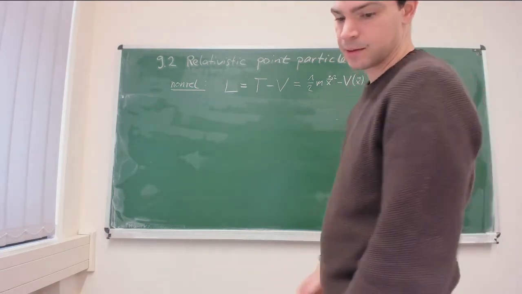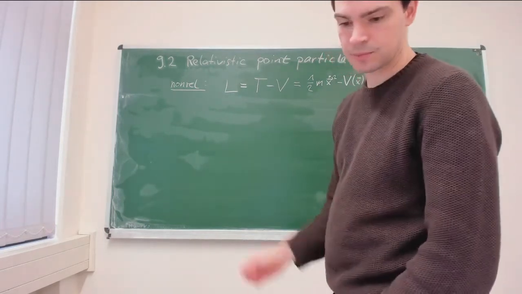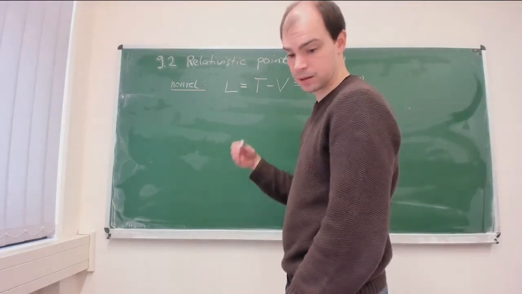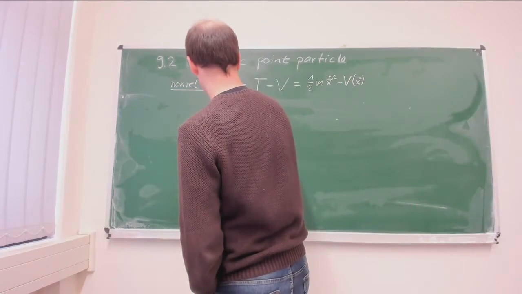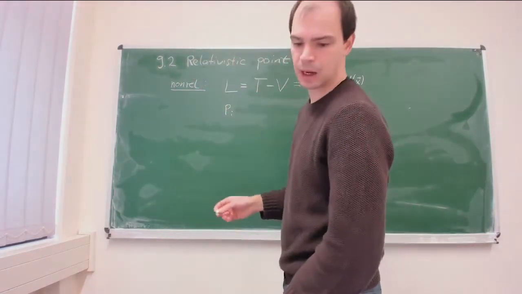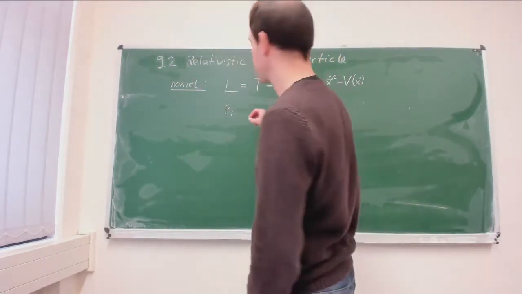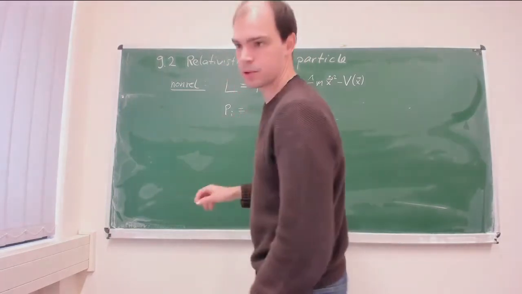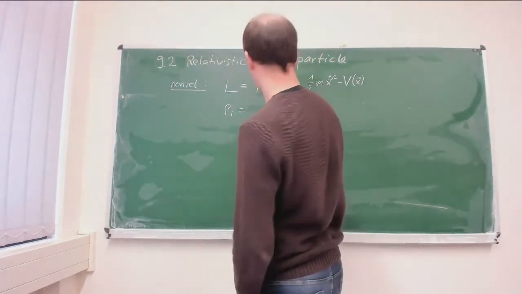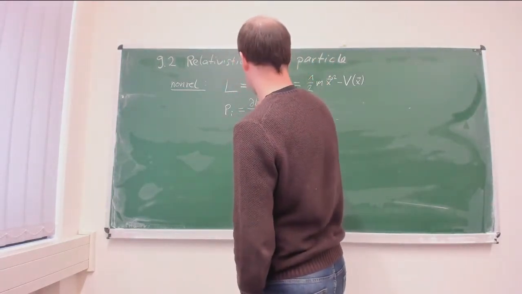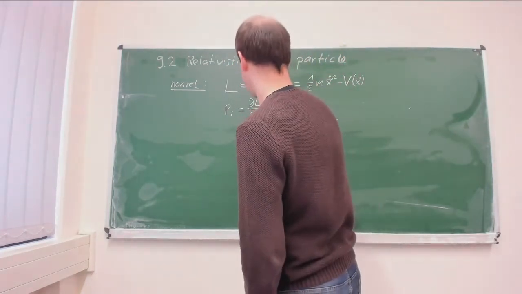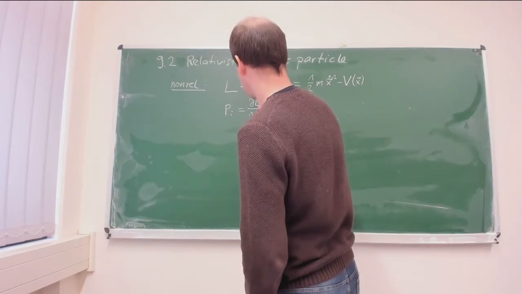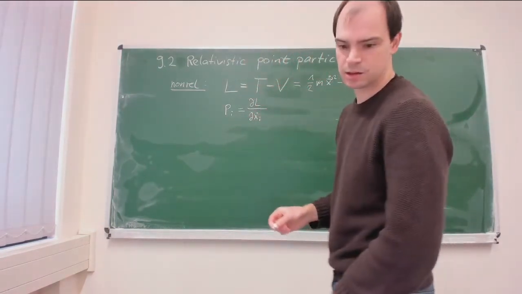And now we can define the canonical momentum with components p_i, i going from 1 to 3 again. The p_i component of the momentum is just the derivative of our Lagrange function by the velocity in i direction, so dL by dx_i dot.